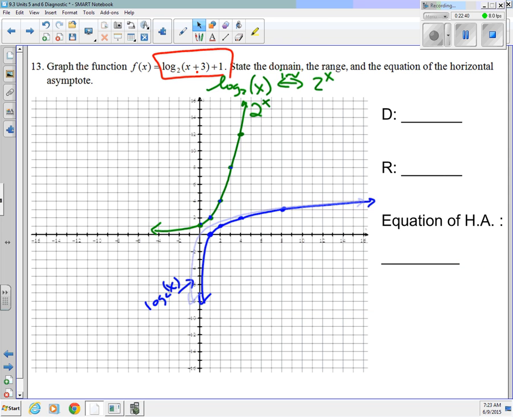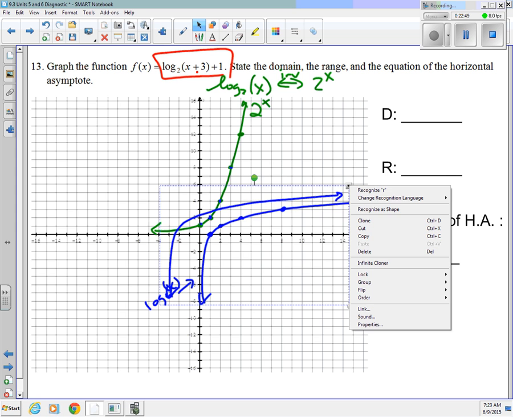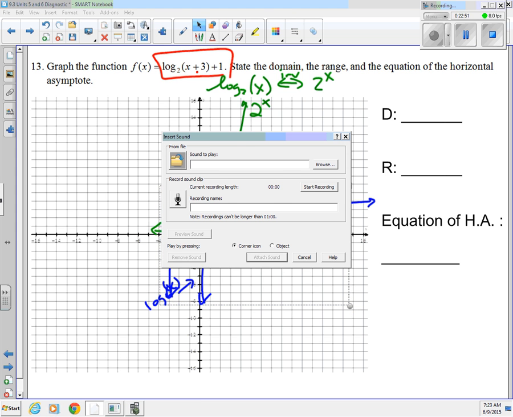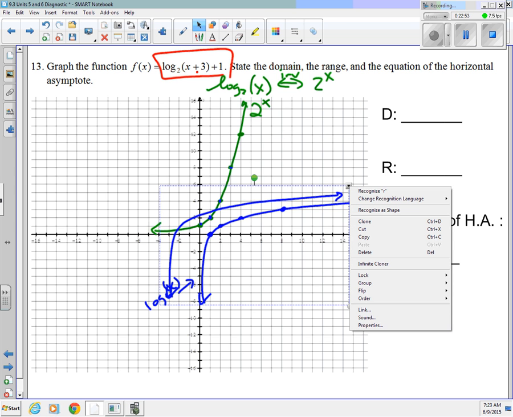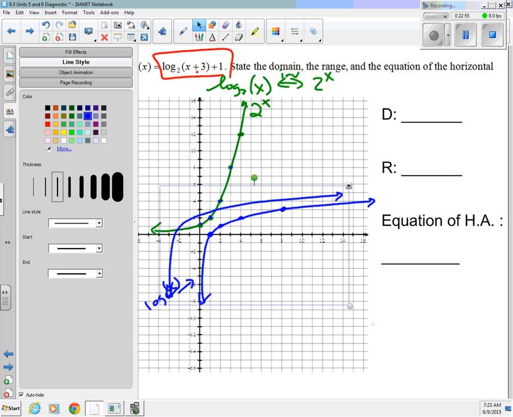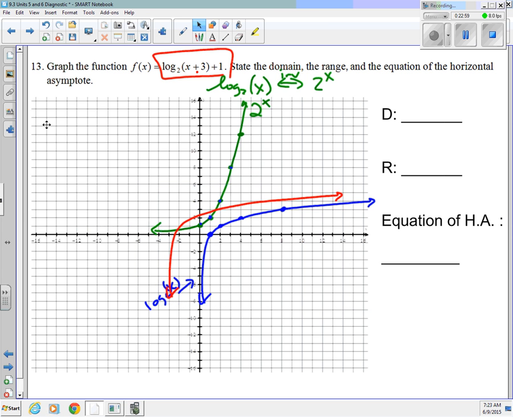So 1, 2, 3. Okay, there it is. And move it 1 up. And that guy, I'm going to color him red. Properties. Color him red. Okay, there we are. This guy is the log base 2 of x plus 3 plus 1.